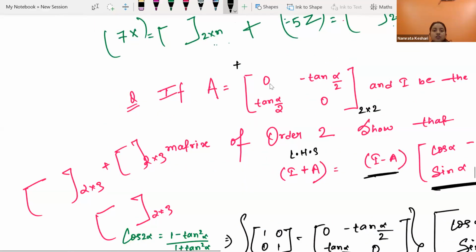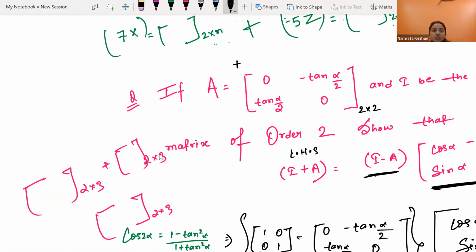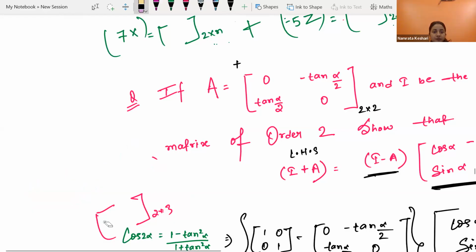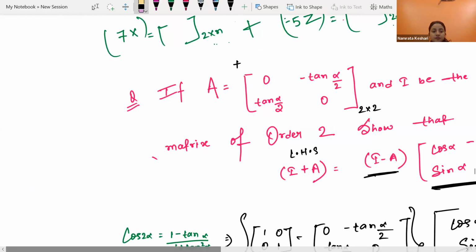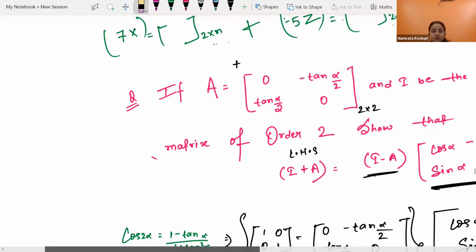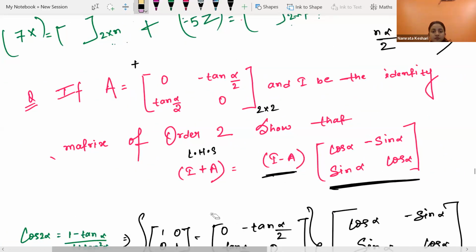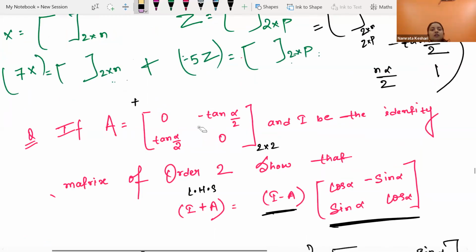Okay, now since you understand matrix multiplication, let's do this question. Just a moment, let me clear. Can you see the red colored part, the question? We can.